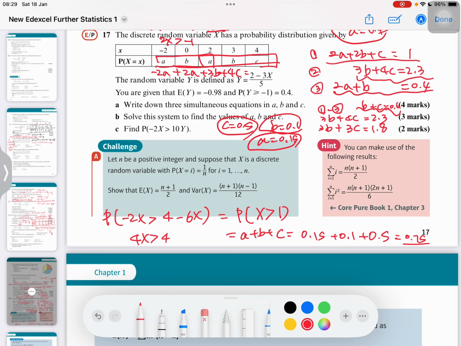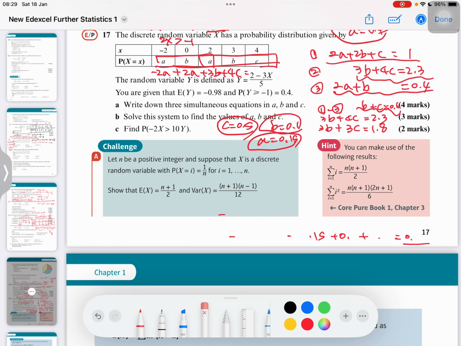Number challenges. Let n be a positive integer, and suppose like this. Show that the variance is as given. So let's try to do that. We have x values 1, 2, n, with probabilities 1 over 1, 1 over 2, 1 over n. So for the expectation, this is x and this is the probability of x.